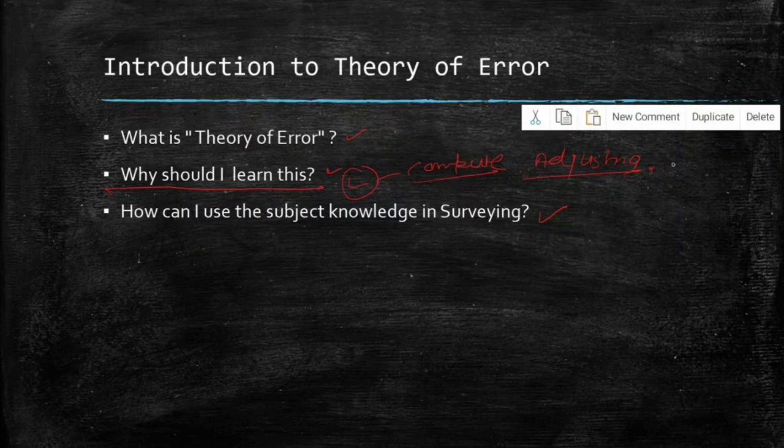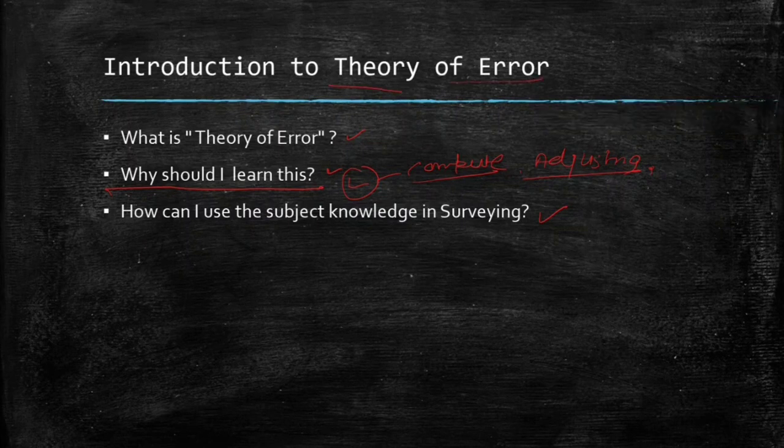Here we will see the basic theories and concepts behind how you compute and adjust the final values. That's why everyone who is curious about surveying and how the final values come should learn this subject.